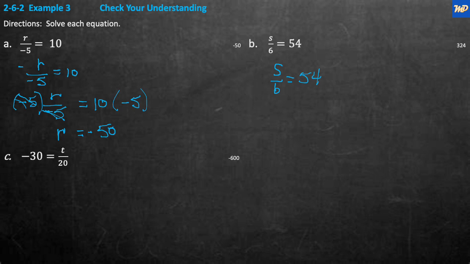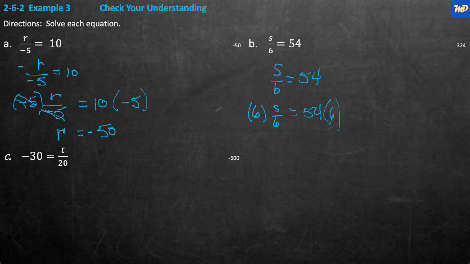This section of this chapter tells us when you're dividing in an equation, you have to multiply to resolve it. So we're going to multiply both sides by 6. So 6 times S divided by 6 is equal to 54 times 6.